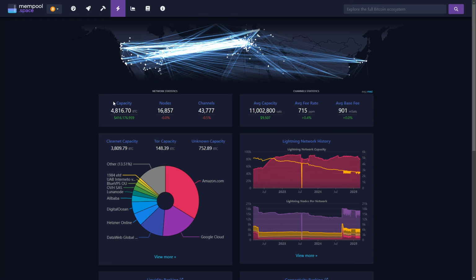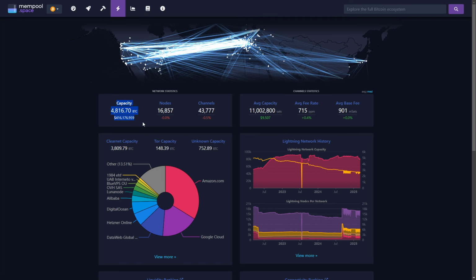This is how much Bitcoin is currently on the Lightning Network. So there's currently almost 5,000 Bitcoin on the Lightning Network, which is almost $500 million. It doesn't sound like much when we're talking about the world's global payment network, but most transactions that occur on Lightning are very small.